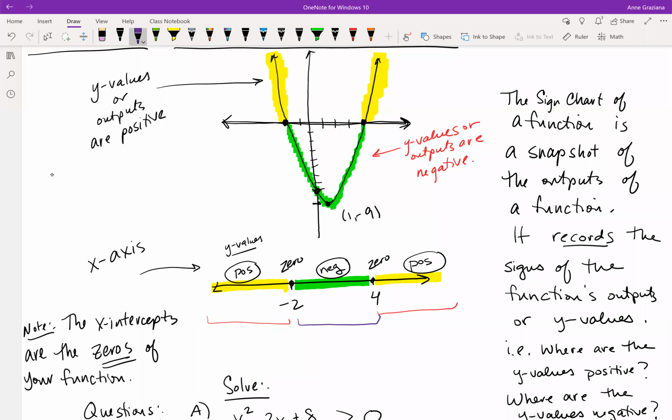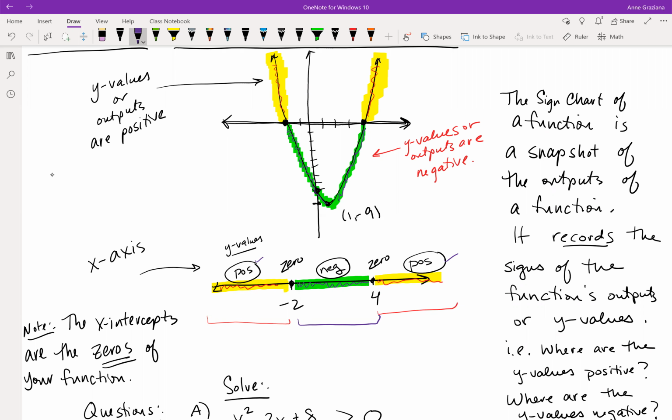So my sign chart highlights where the y values are positive, from negative infinity to -2 and here. It also highlights where my outputs are negative, which is this whole loop underneath here. Everything under the x-axis is going to be negative y values.